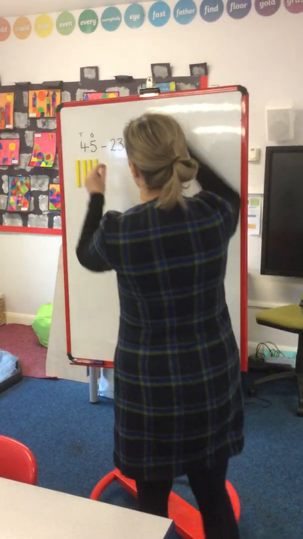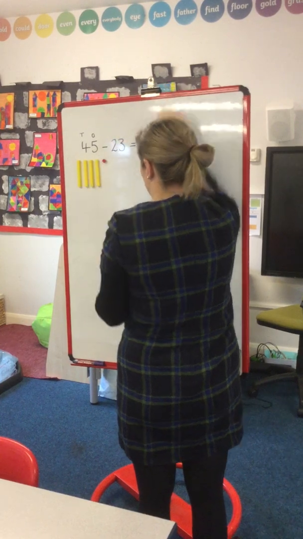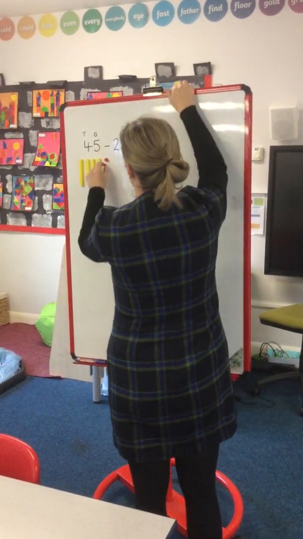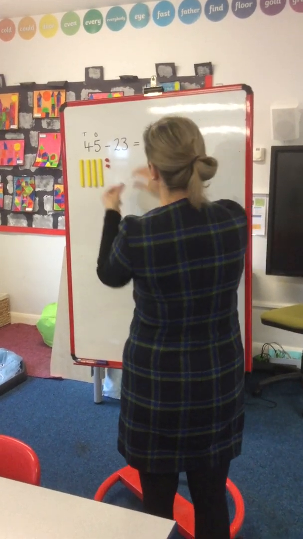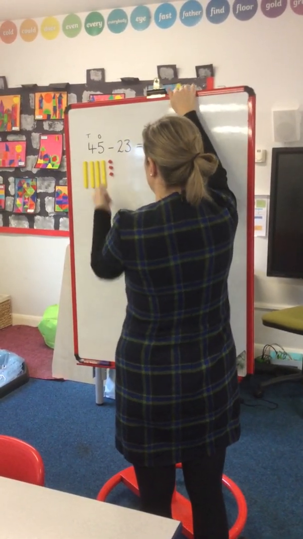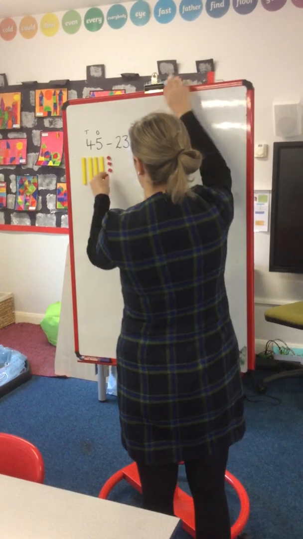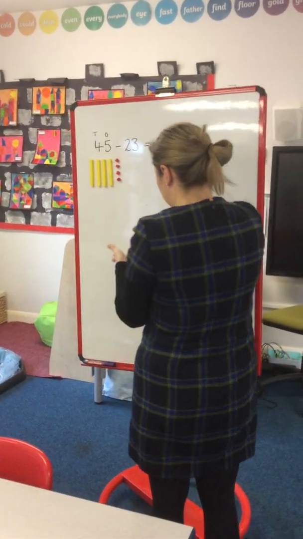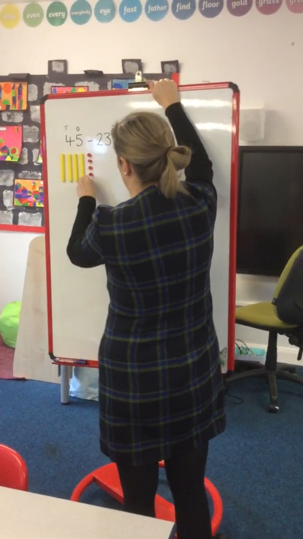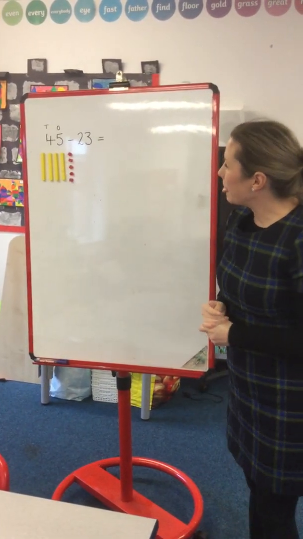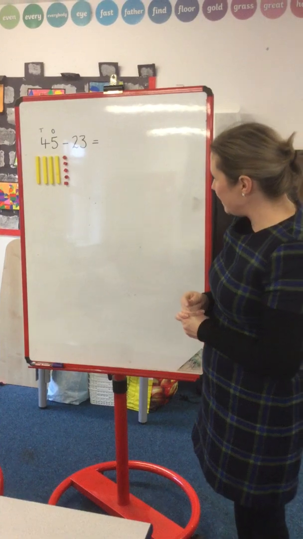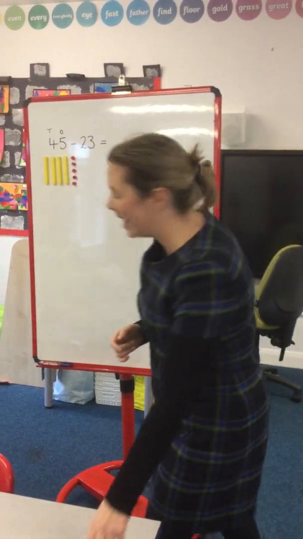So 1 more than 40 is 41. Another one more is 42. 43. 44. 45.